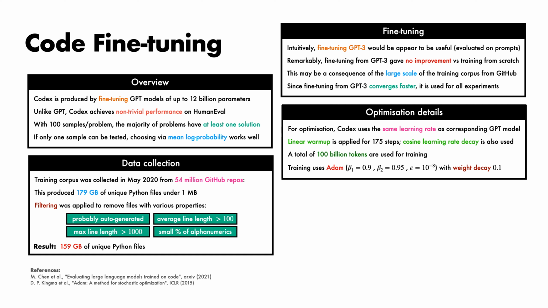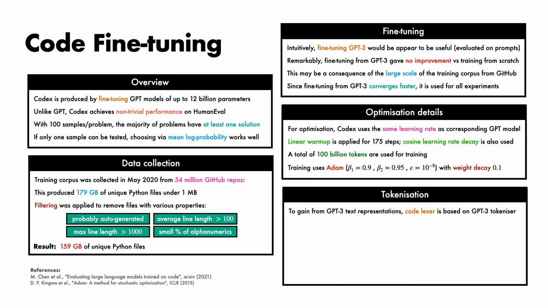In order to benefit from the text representations of GPT-3, the code lexer used for Codex is based on the GPT-3 tokenizer. However, the distribution of words in Python files from GitHub differs fairly substantially from the distribution of words in natural language, and thus the tokenizer is not very effective for representing code.